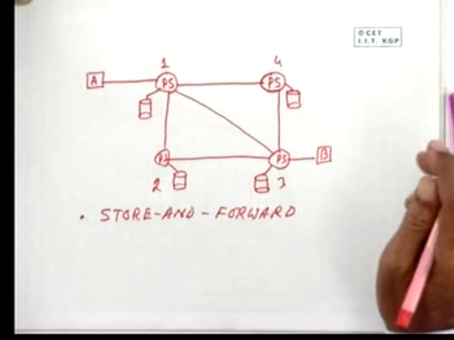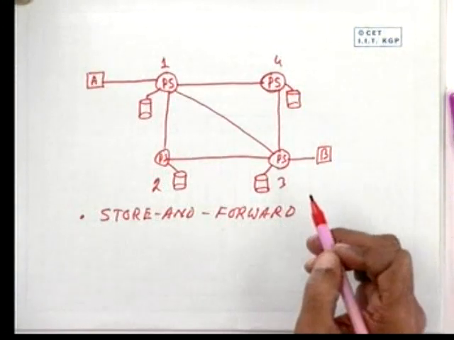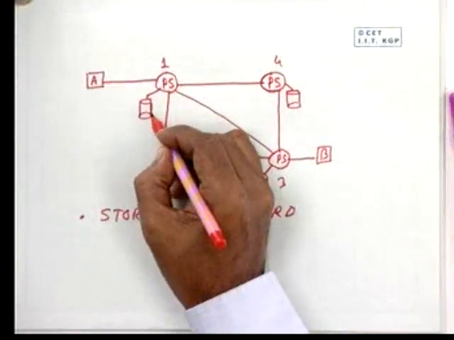This is also a very important concept by which the cost of the link can be reduced. The cost of a circuit switch link, which is a dedicated link to be established before you can send data, can be avoided. And because of that, store and forward helps you to reduce the cost of establishing a link.